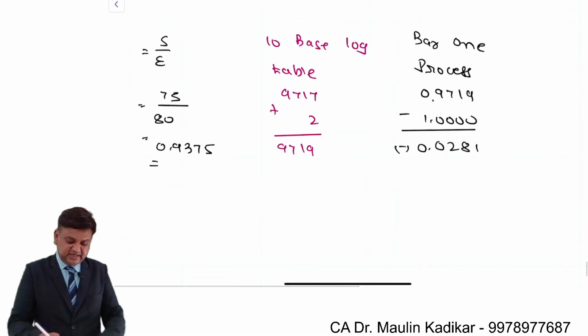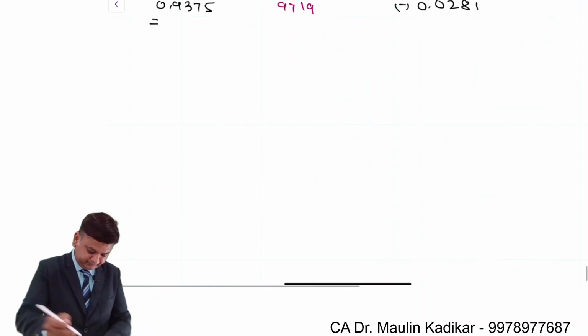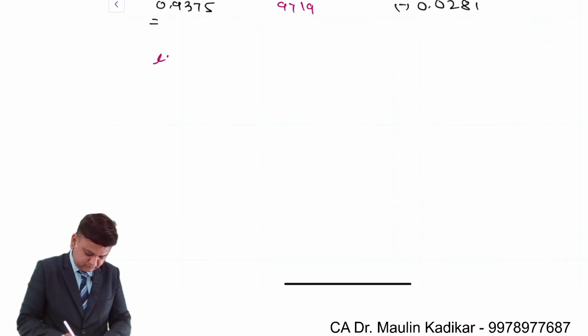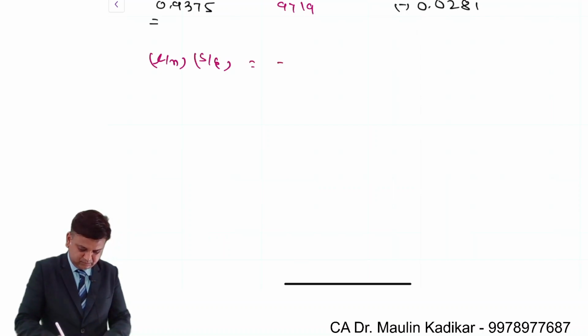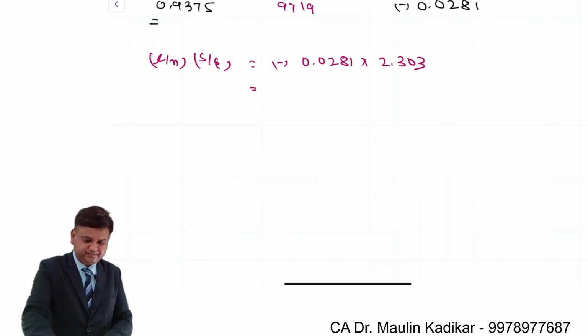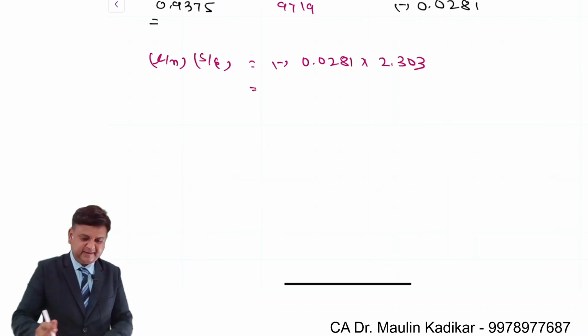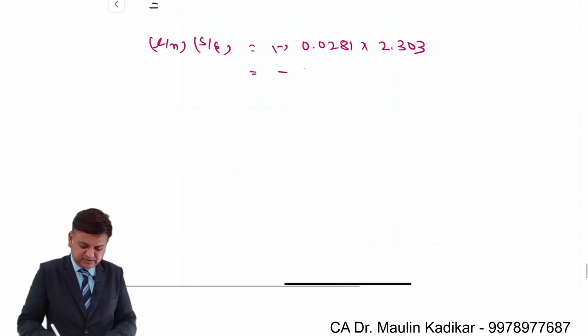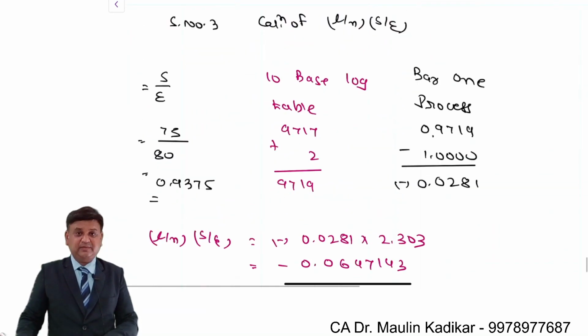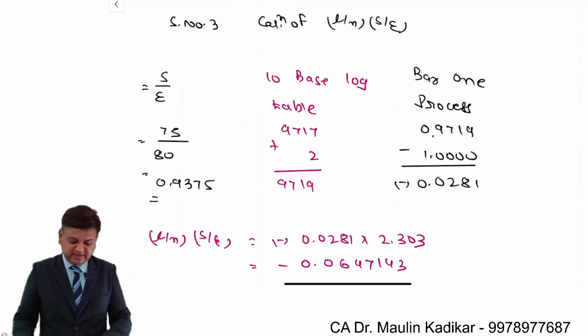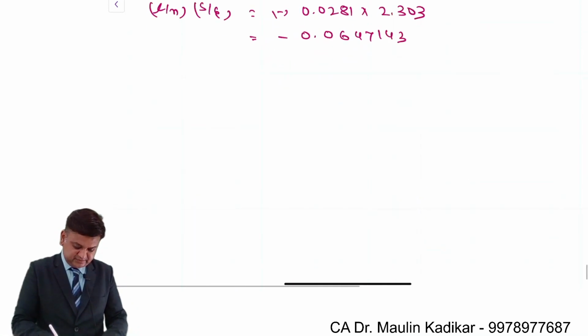And the last is ln S divided by E: negative 0.0281 into 2.303. So it is negative 0.0647143. This is the first method by which you can calculate ln S divided by E.